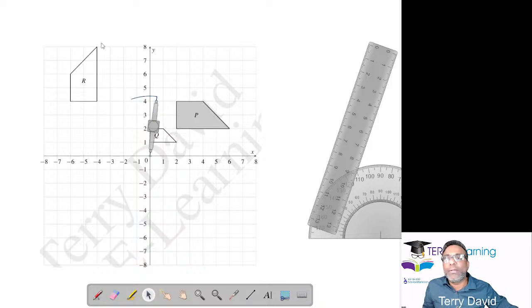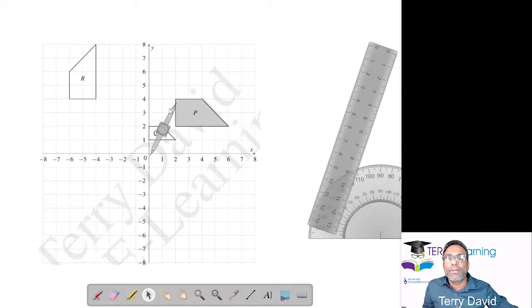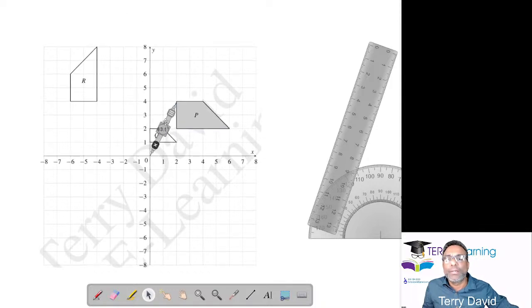Let's say we select maybe this point here, right? So that's one edge of trapezium P, right? Now here's the thing. If the center of rotation was the origin, it means that when I rotate this point here, it should end up on P, but it's not doing that, right? And that becomes problematic for some questions, right?